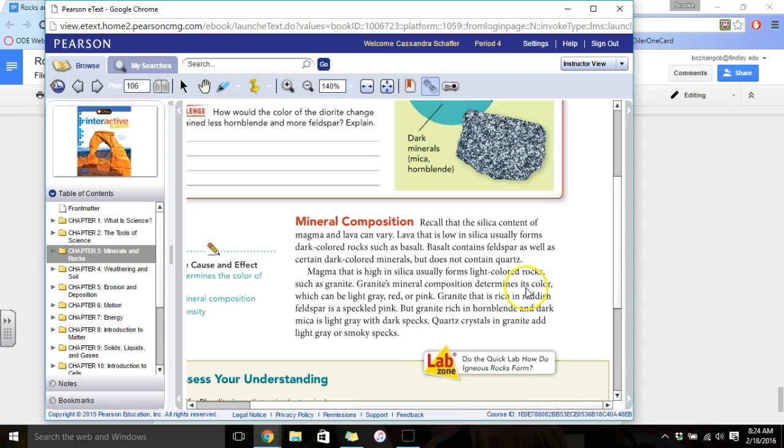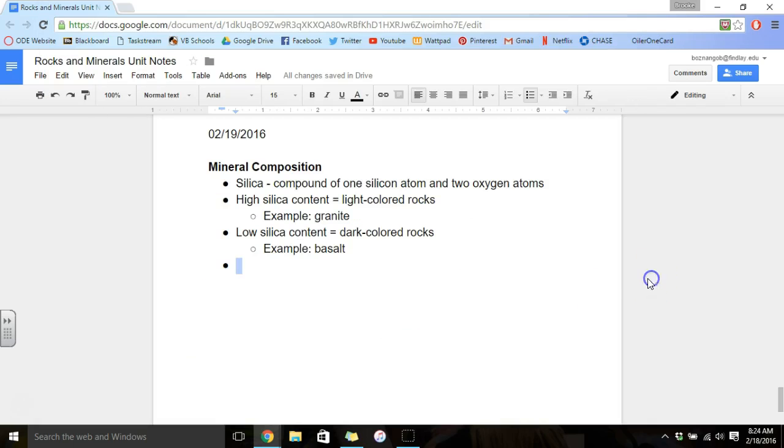It talks about here that granite's mineral composition determines its color, which can be a light gray, red, or pink. So we know that the mineral composition of a rock determines its color. And then it gave us the example of granite.